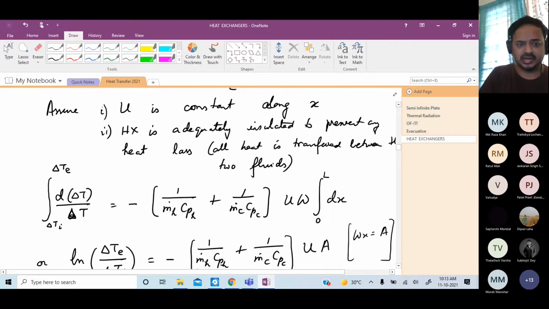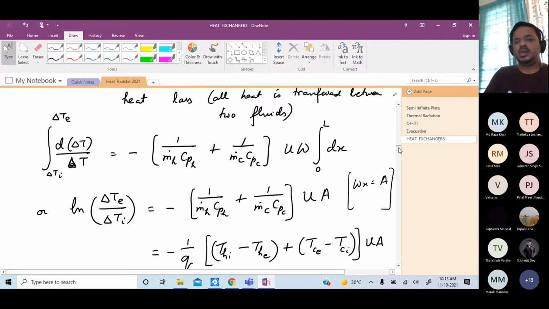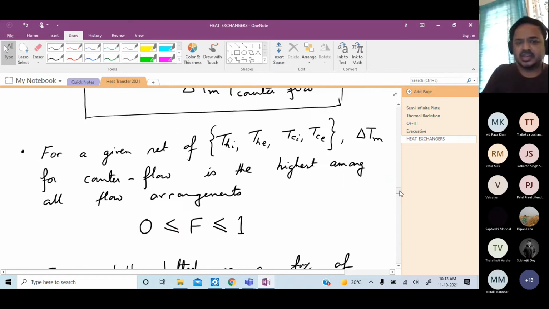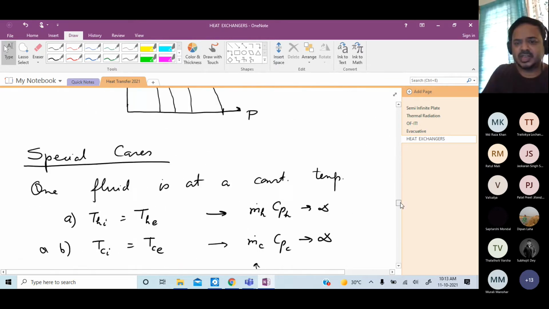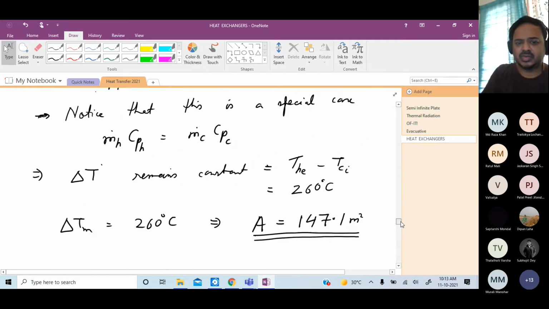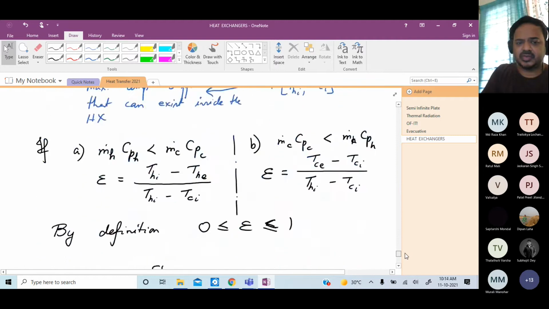This expression, delta TE over delta TI is e to the power this. That's exactly what I wrote, except E and I made it L and 0, as we decided that we are going to use L and 0 so that we have the same expression for parallel flow and counter flow.